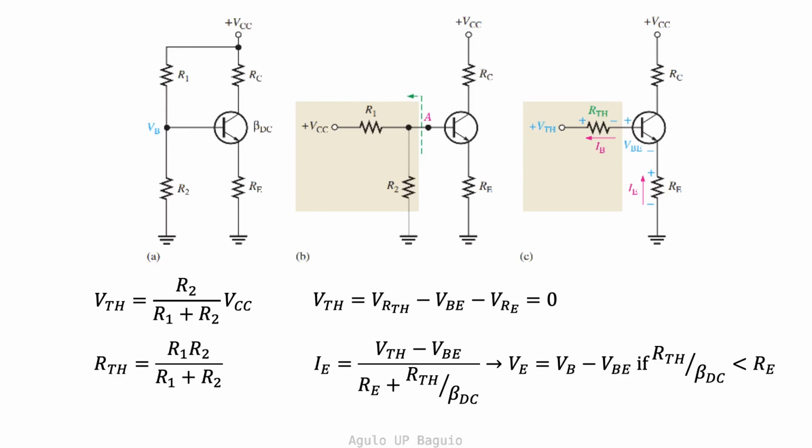Notice that if the Thevenin resistance divided by DC beta is small compared to the emitter resistance, then we end up with the previous result for IE for the stiff voltage divider.